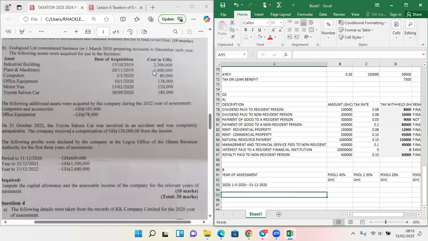That's when we commence business. So anything that was there before and during that year is supposed to be placed in here.